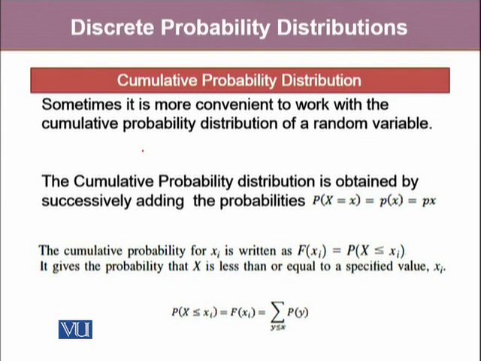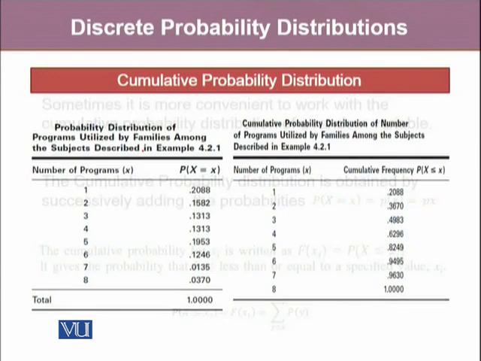As can be seen in the expression given below, it adds up all the probabilities which are assigned to the values which are lower than some specific value of x. So as you move forward, you keep adding the previous probabilities.